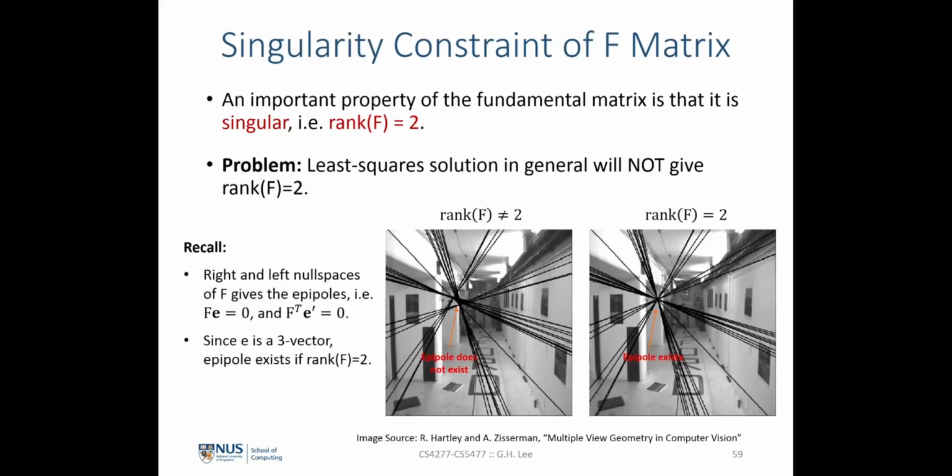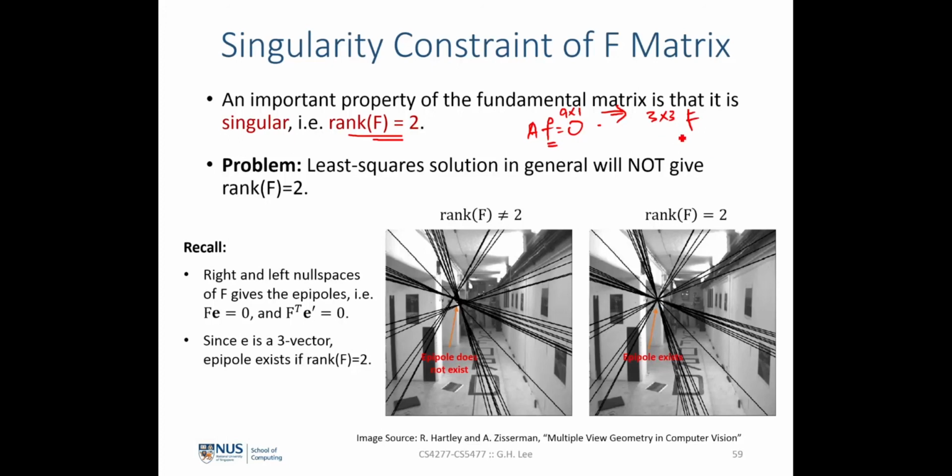So the last thing that we need to do in order to get an accurate fundamental matrix is to ensure that the fundamental matrix has a rank of 2, which is what we have seen in the properties of the fundamental matrix. But the problem here is that in general, after taking the SVD solution of Af equals 0, we get the solution of f, which is a 9 by 1 vector, and we reshape it back into a 3 by 3 fundamental matrix.